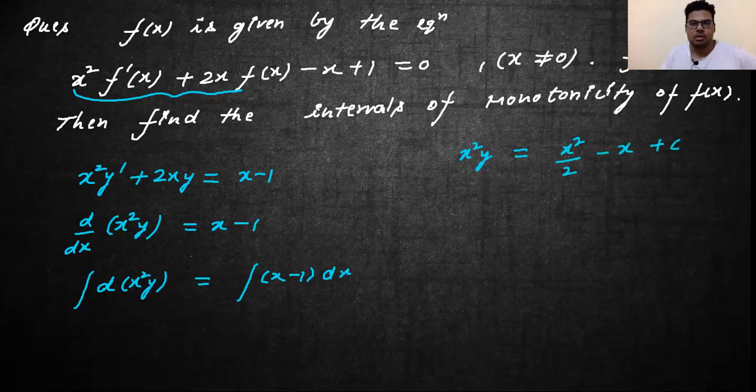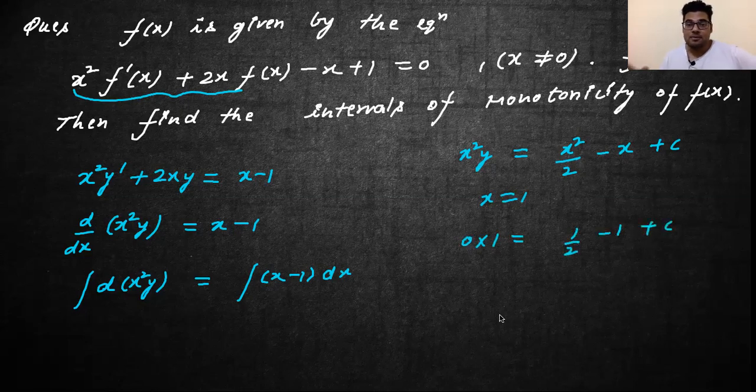Now this constant we can easily find out because f of 1 is given as 0. So if you put x equals 1, you get y as 0. So 0 into 1 equals half minus 1 plus c. Half minus 1 is minus half, so c equals plus half, right?